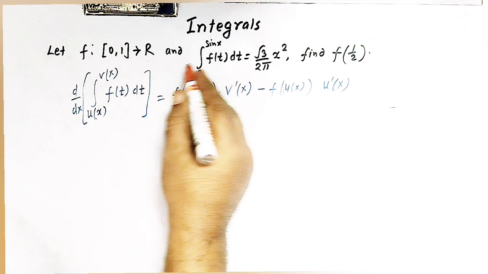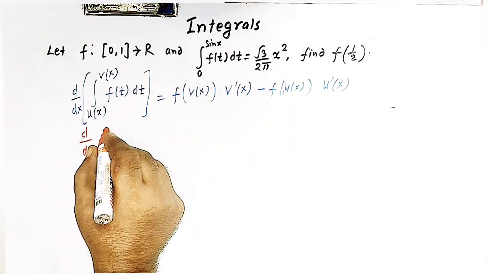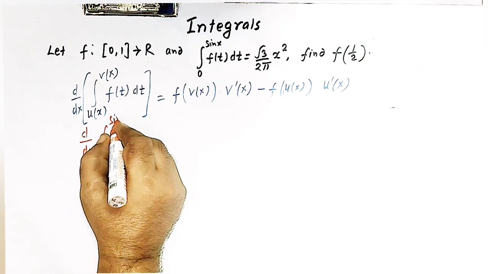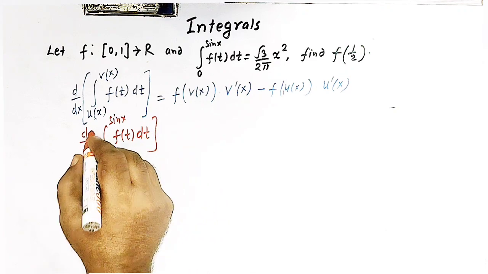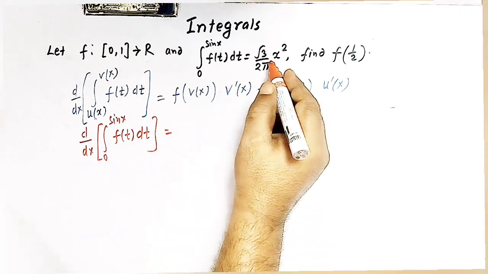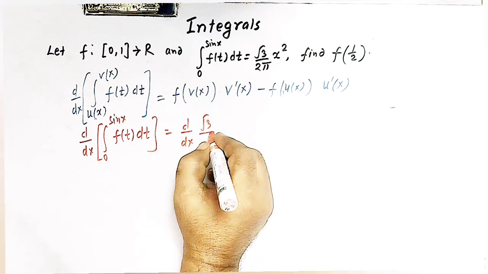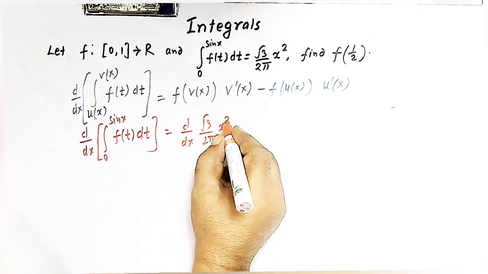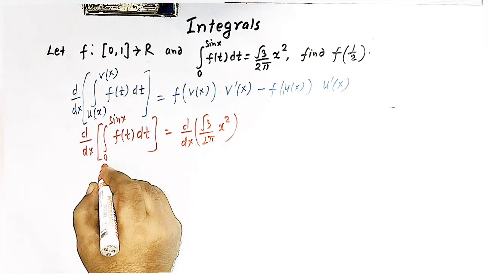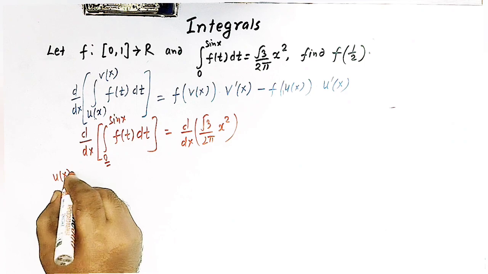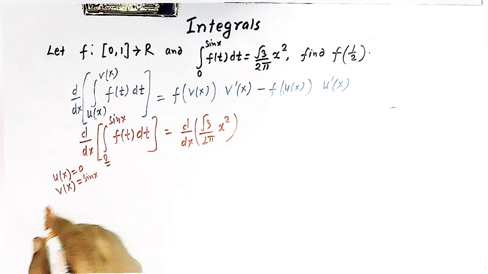Differentiating both sides, we can write d by dx of the integral from 0 to sin x of f(t) dt on the left, and on the right d by dx of square root of 3 over 2 pi times x squared. If we compare this integral with the rule, then u of x is 0 and v of x is equal to sin x.